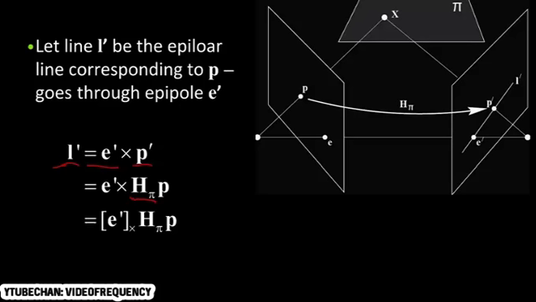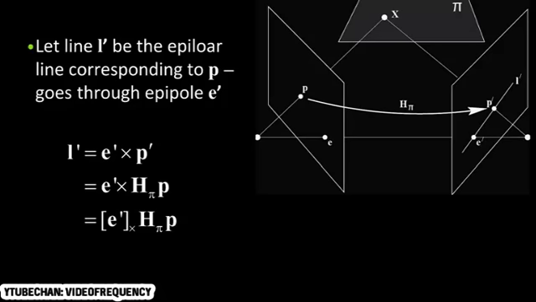Then I'm going to use something you learned just last time: a cross product can be written as this little matrix operator. So L prime is just equal to this cross product operator on E prime, times H, the homography, times P.